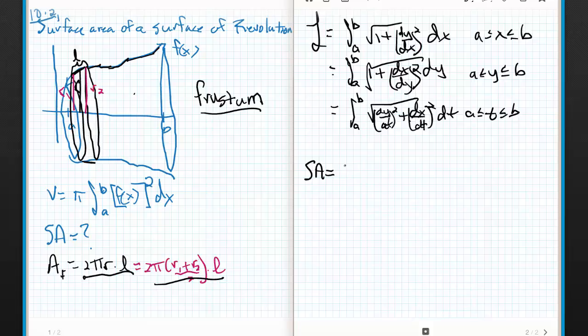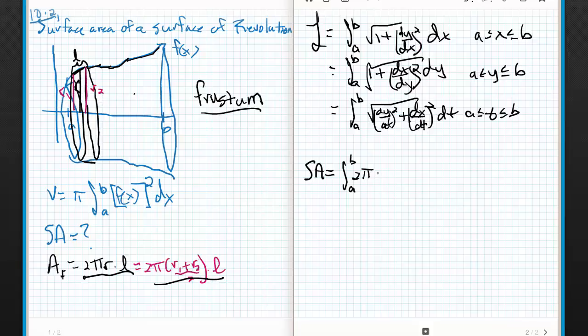It's simply the integral from a to b of 2 pi times, now what would this r be if I'm going from the x-axis up to the function? And these l's, these lengths of the side, are shrinking to 0, right? That is created because I've got the integral from a to b. If the length of this side of the frustum shrinks to 0, then we only have one radius. We no longer have to take the average of two radii, and that radius is simply f of x.